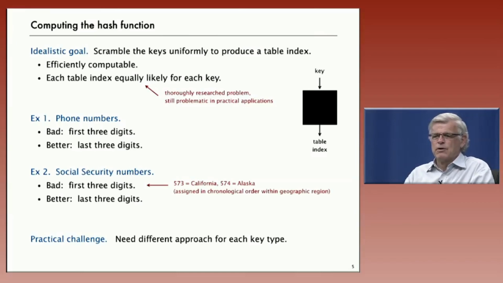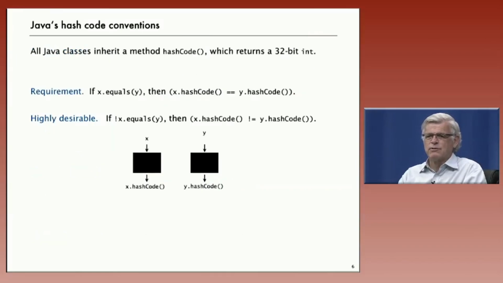But if we're going to be implementing a symbol table with our own types of data, we're going to have to worry about these things in order to get a hash function that's effective, that leads to an effective symbol table implementation. So hashing is widely used for systems programming and applications, so some conventions for hashing are built into Java.